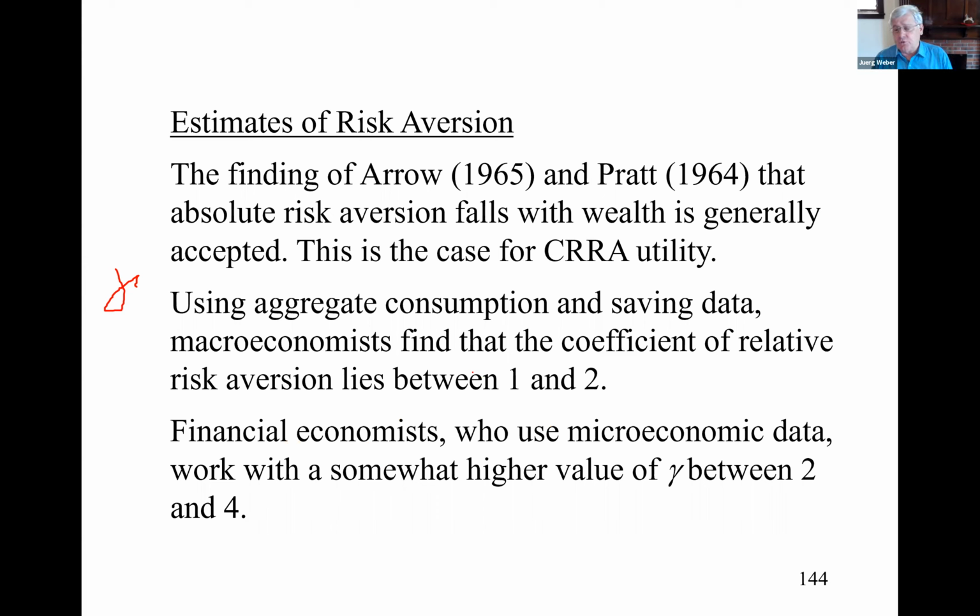They estimate gamma using microeconomic data. That's data of individual investors. Macroeconomists use data for the entire economy, not just for individual investors, and they arrive at a somewhat smaller gamma.